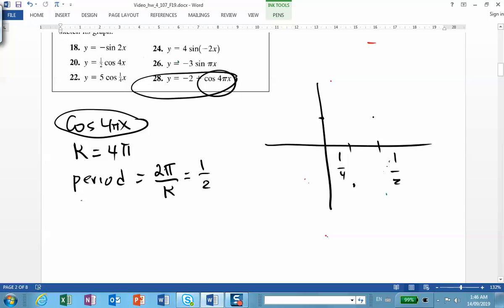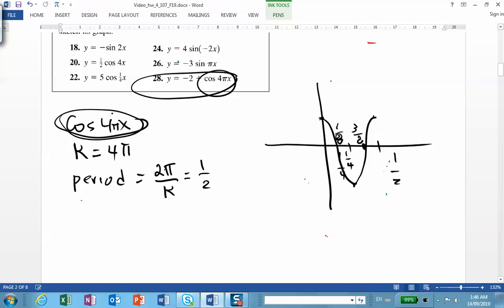So this is going to be 1/2. This middle one, not 1/2, 1/8. This middle one was 1/4, and this, of course, is going to be 3/8. Okay, so this is cosine of 4 pi x.